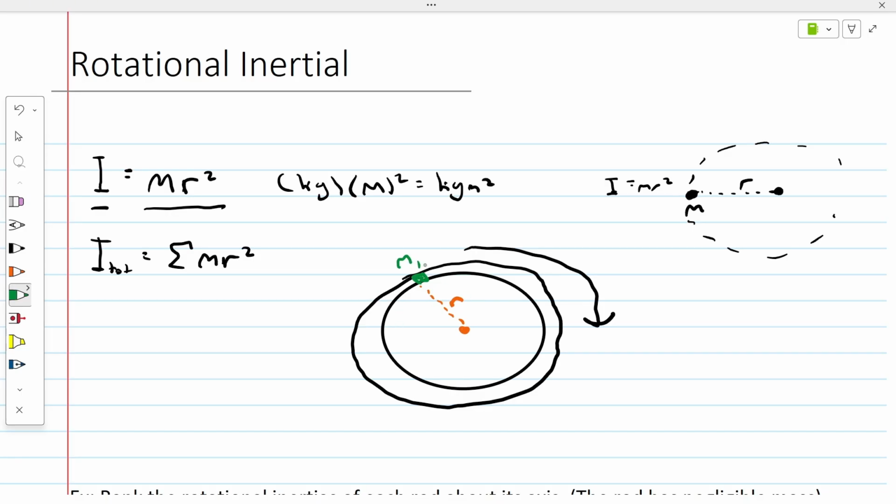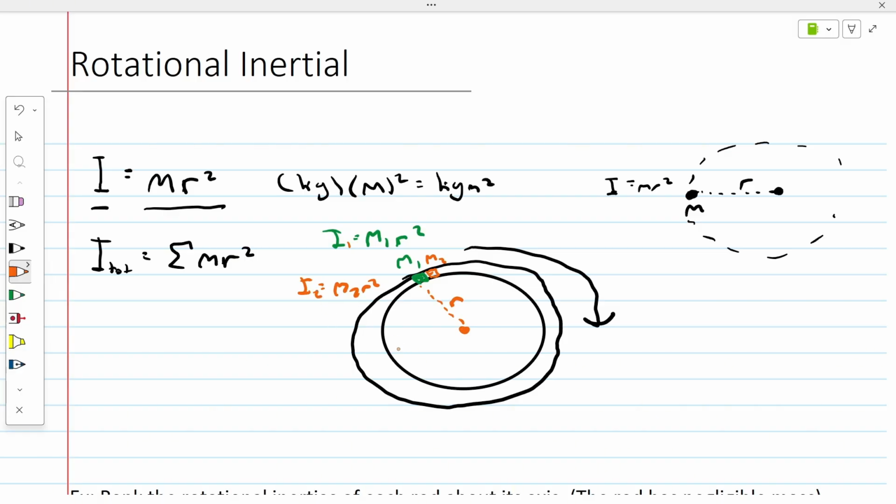If we wanted to find the rotational inertia of just this one little point of mass, we would have m1 radius squared. But now let's choose another little point on this ring right here and call this m2. So this is I1, but I2 would just equal m2 radius squared.